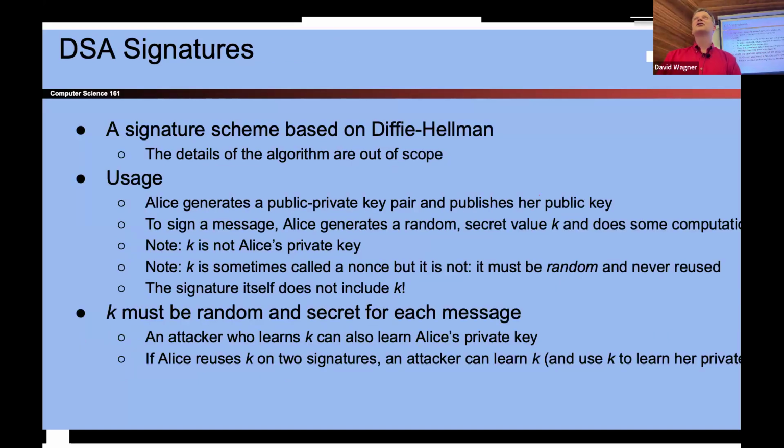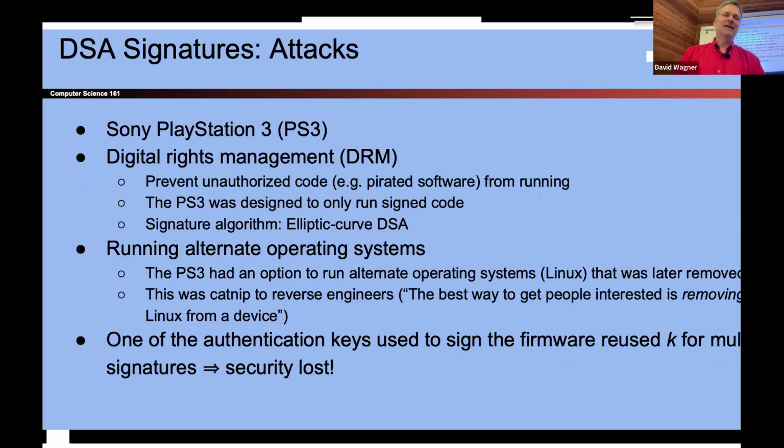Also, if you sign two different things with the same value K, this K is like an initialization vector, and if you sign two things with the same K, then that also reveals the private key, which is really bad. And I just thought you might enjoy hearing about some attacks on digital signature schemes. I said that these digital signature schemes are secure, and they are, as long as you implement them correctly.